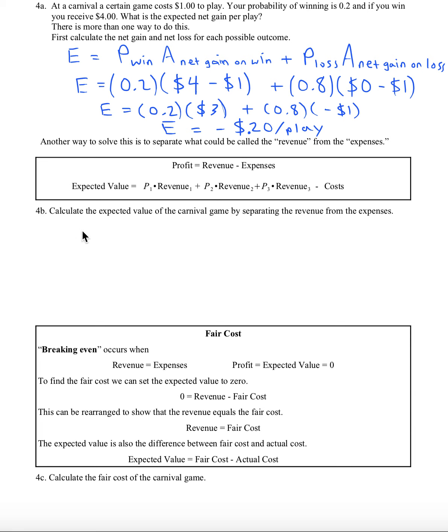So in this method, what we do is multiply the probability of a win times the revenue that you get on a win, and you multiply the probability of a loss times the revenue on a loss. But those don't take into account the costs, so we take into account the costs at the end.